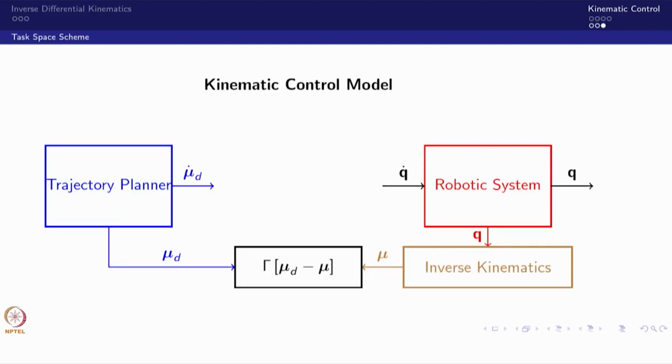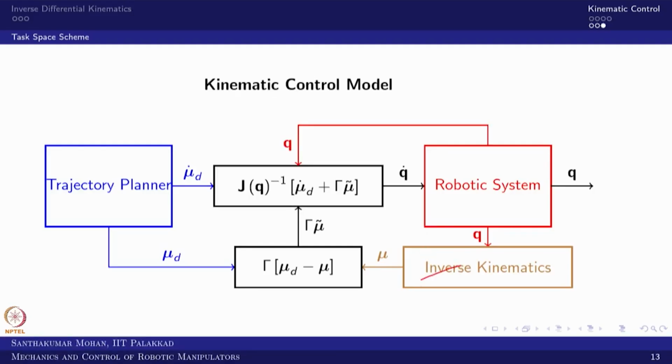Once you know this forward kinematics, you can see that mu would be obtained. Then you can calculate mu tilde. Once you calculate mu tilde and mu desired dot is known, we can multiply the Jacobian inverse with mu desired dot plus gamma into mu tilde. That is what we are trying to do.